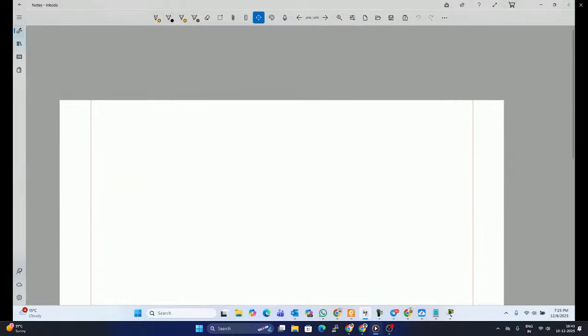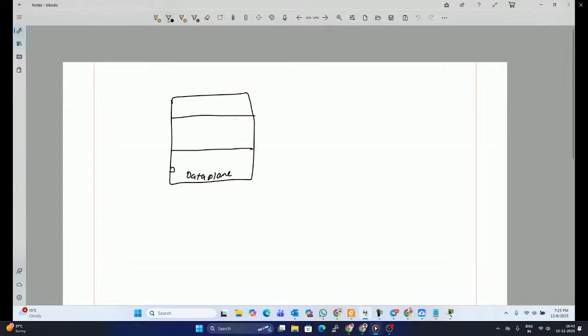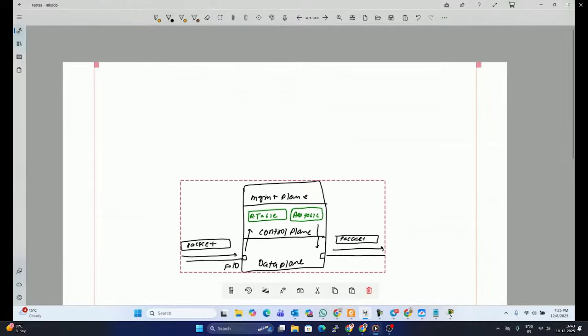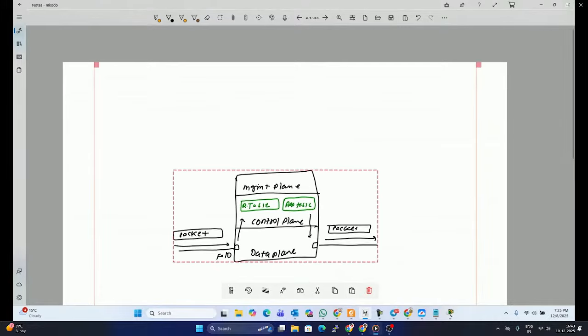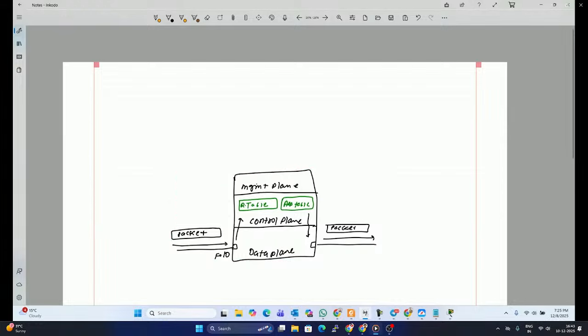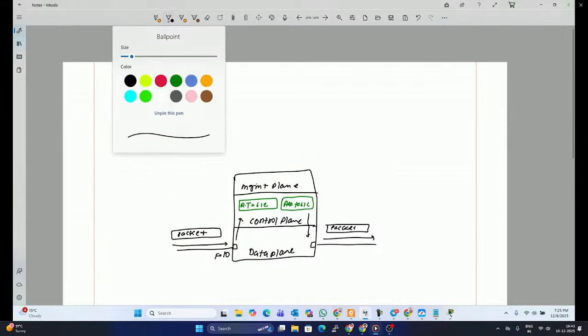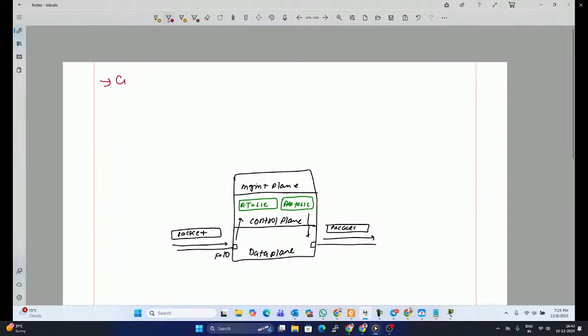Then what Cisco did, Cisco Express Forwarding. Cisco Express Forwarding said that we are not going to have this process switching.